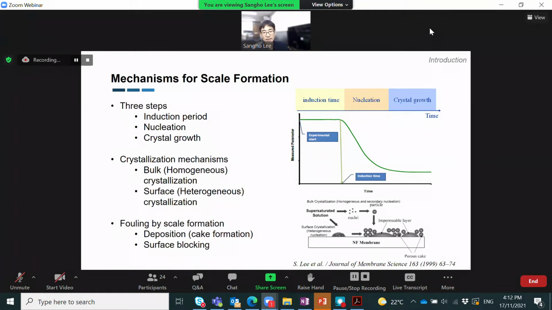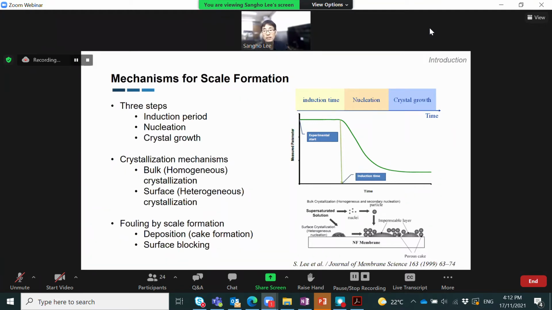In fact, there are two different mechanisms of crystallization happening in membrane systems. The first one is the so-called bulk or homogeneous crystallization, and the second one is surface or heterogeneous crystallization. In the first case, the nucleation happens without the help of foreign particles or foreign surfaces.